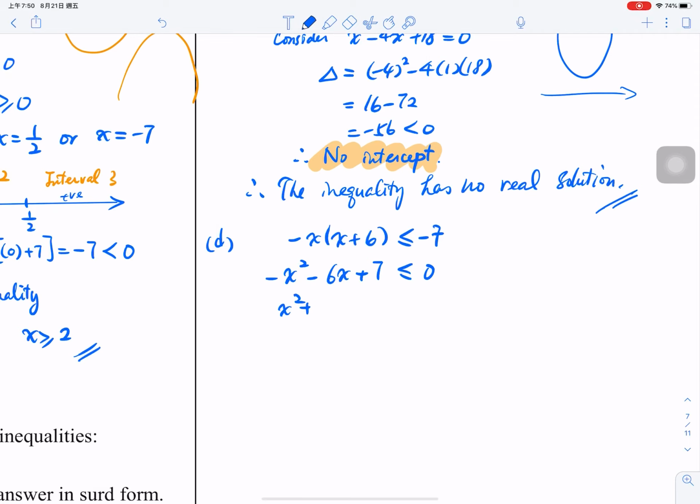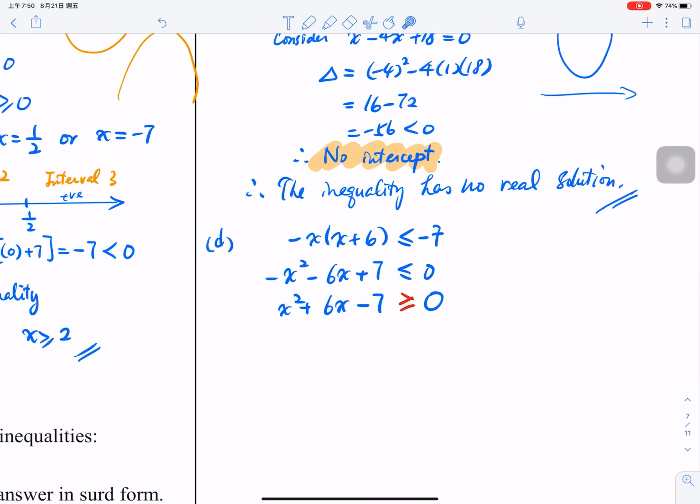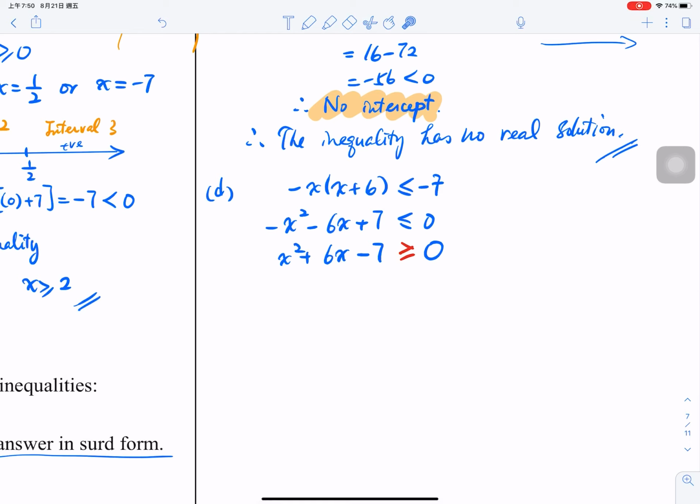So x squared plus 6x minus 7, again I rewrite it like this, greater than or equals 0. So now a becomes positive. It's easier for us to solve this inequality. Greater than or equals 0. And this one, can you factorize? Okay, 3 seconds.